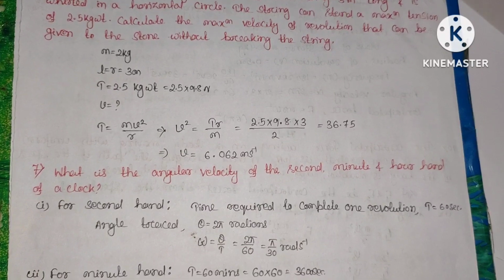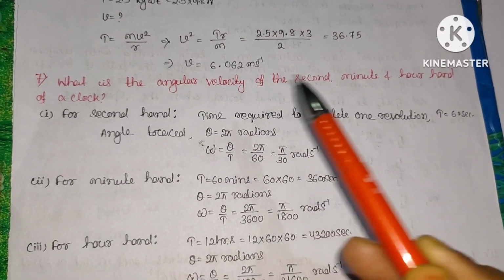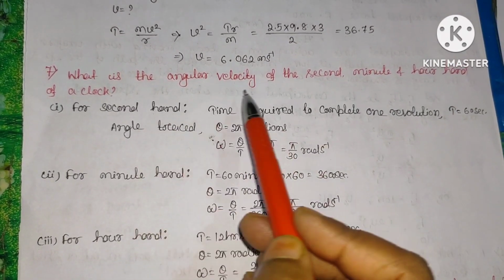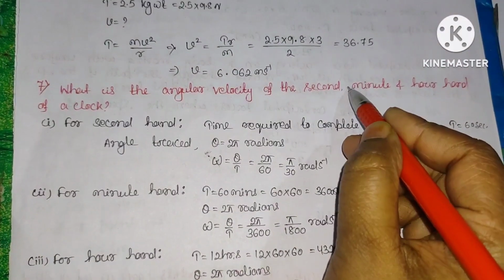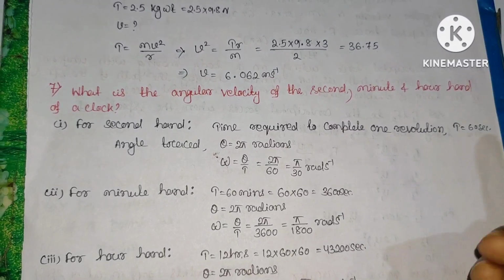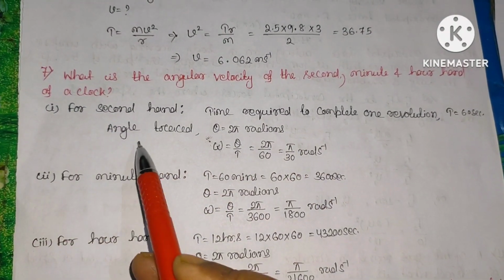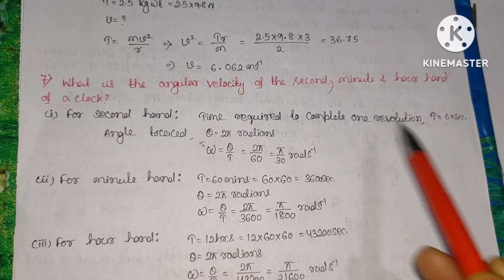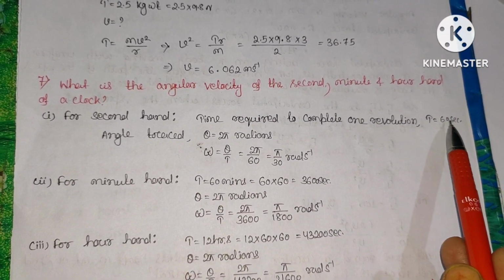Okay. Next is what is the angular velocity of the second, minute and hour hand of a clock. So for the second hand, the time required to complete one revolution is 60 seconds for a clock.